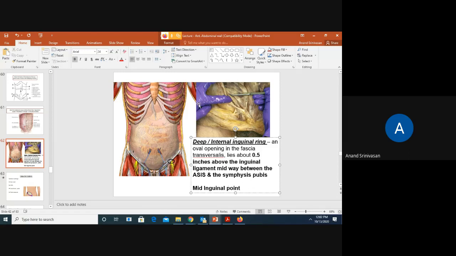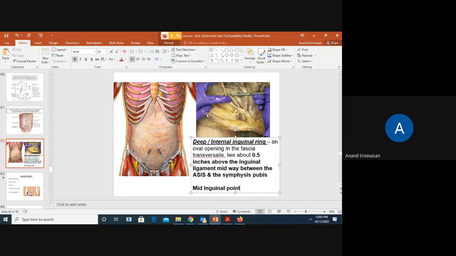Where does the inguinal ligament extend from? It extends from the anterior superior iliac spine to the pubic tubercle, not the symphysis pubis. So the midpoint between the anterior superior iliac spine and pubic tubercle is called the midpoint of the inguinal ligament.